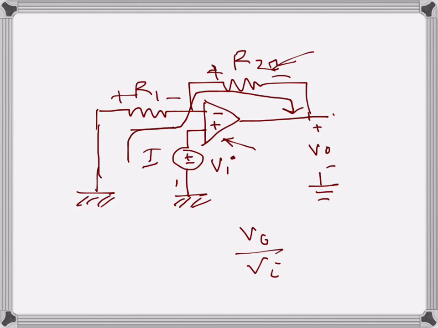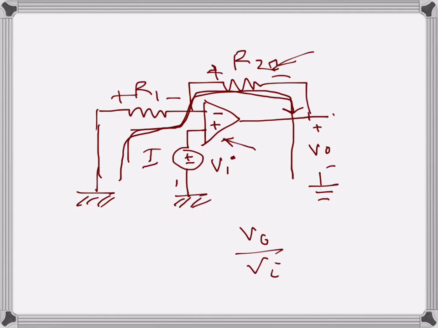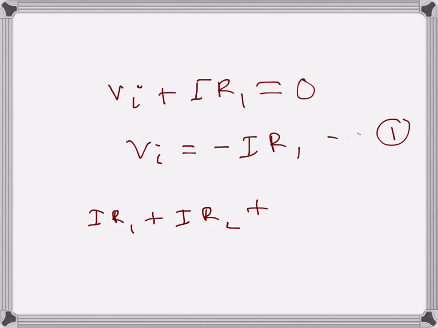Then let's apply KVL in this whole loop, the loop that contains resistance R1, R2, and of course the output voltage V0. So we have a drop IR1 plus a drop IR2, and then we have another drop plus V0, so that's 0.